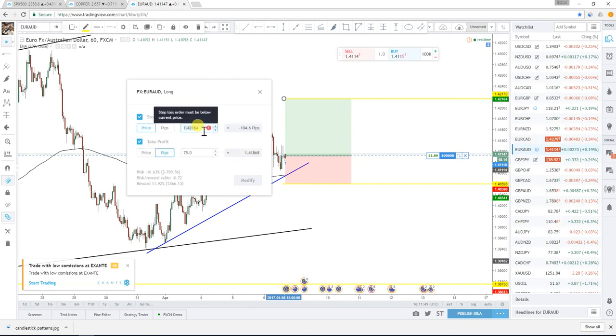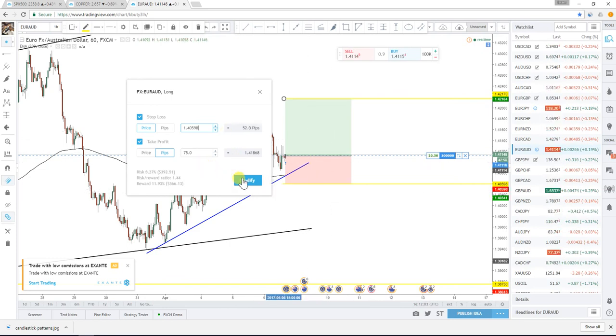Sorry guys, I mixed them up. This is the stop loss. The stop loss is the one below, 1.4598.